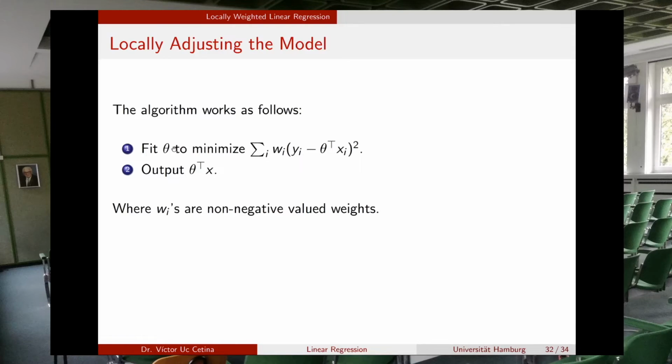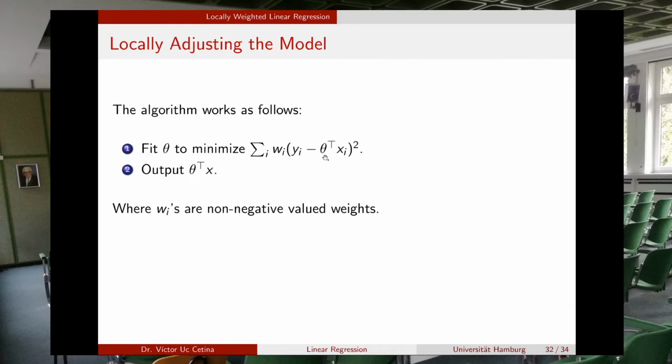Here what you do is, if you want to evaluate one point, for example, you have a new house and you want to predict the price of that house. Suppose that this house is this X. What you need to do is first of all minimize this expression with respect to theta.